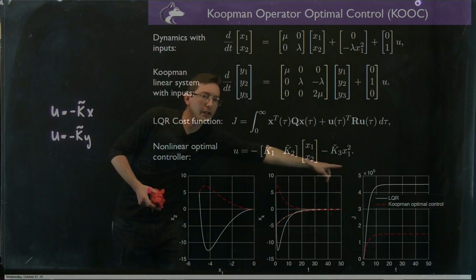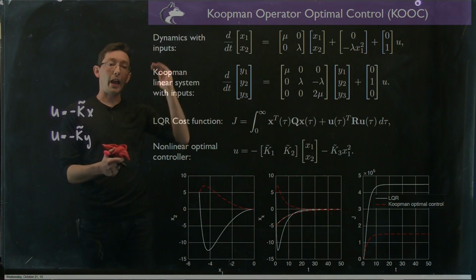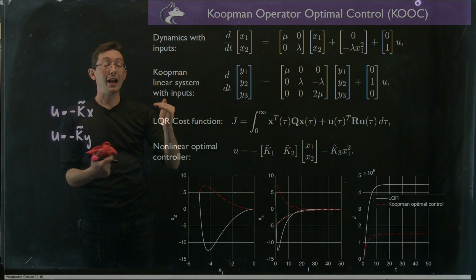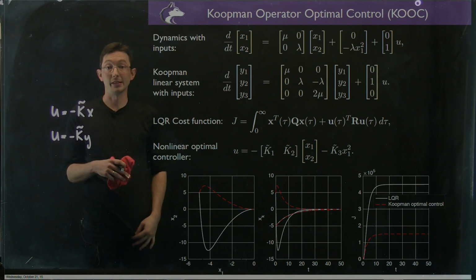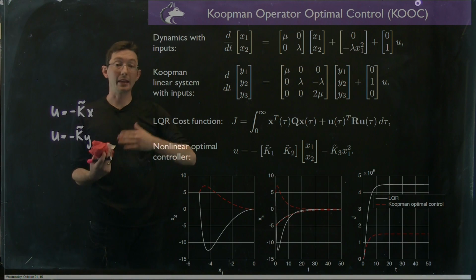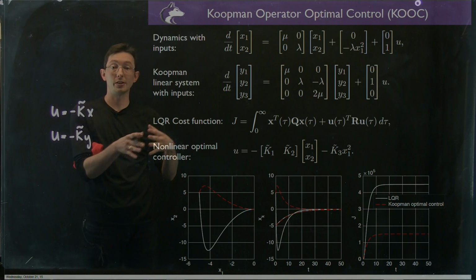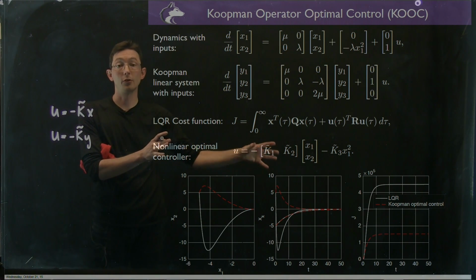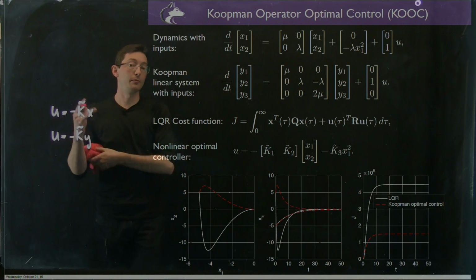And on the far right, you see the cost function, the integrated cost function over time. And our Koopman optimal controller has about 1/3 of the total cost to stabilize the system. So that means we get to the equilibrium more efficiently in terms of the state deviation and the control using this Koopman nonlinear controller. And so this is really neat.